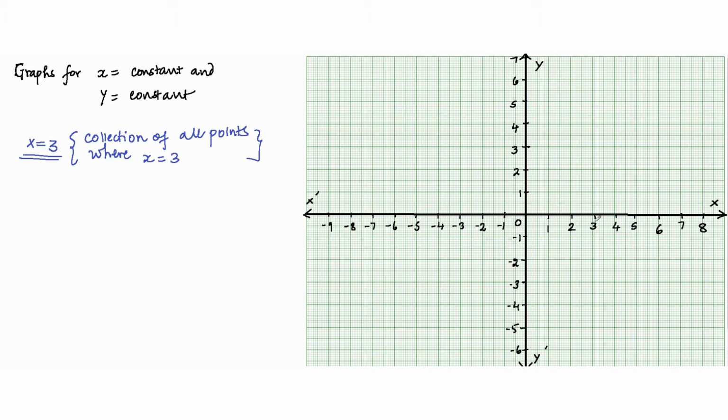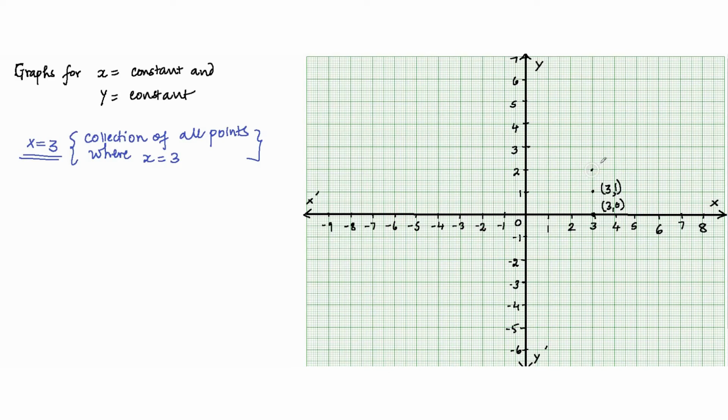The first point that I notice is (3, 0), that is this particular point. At this point the value of x is 3 and the y coordinate is 0. Similarly, at this point the x coordinate is 3, y coordinate is 1.